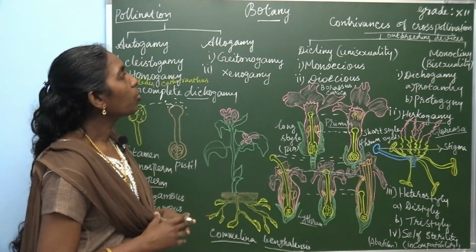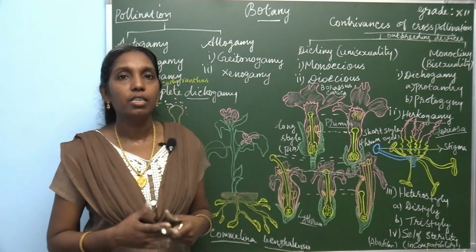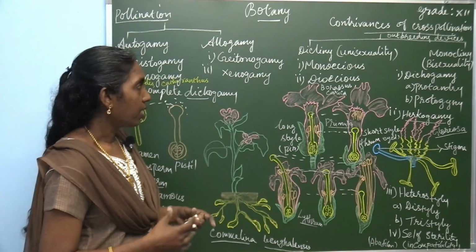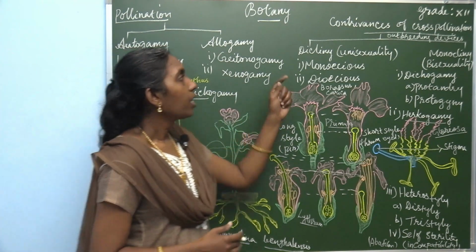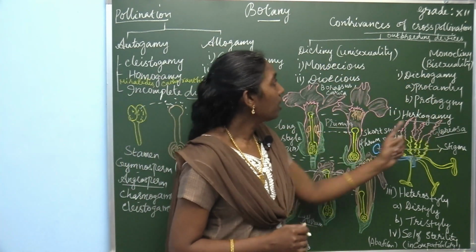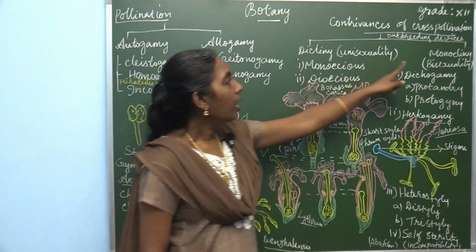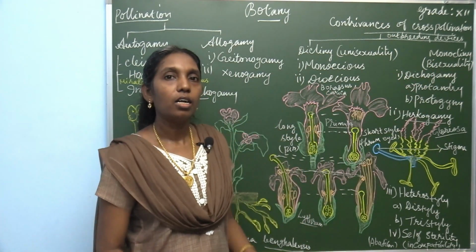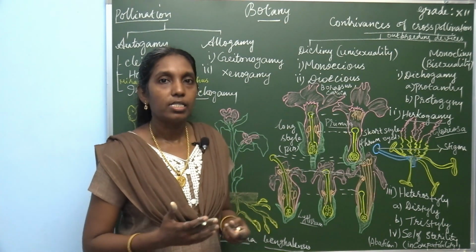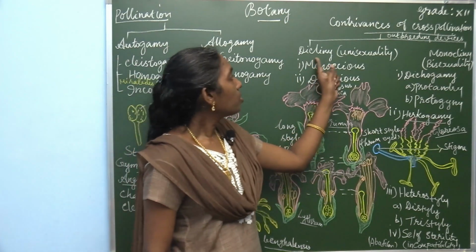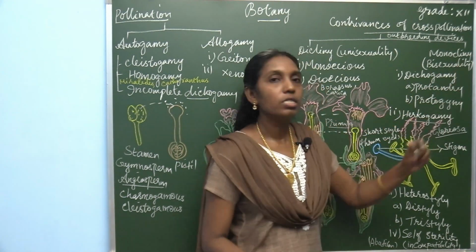Now, let us see some contrivances of cross-pollination. Contrivances are otherwise called outbreeding devices. There are some contrivances to promote cross-pollination. This classification is important. They are classified into two different types, dicliny and monocliny. You know that there are unisexual flowers as well as bisexual flowers, most often bisexual. Dicliny shows unisexuality and monocliny shows bisexuality.